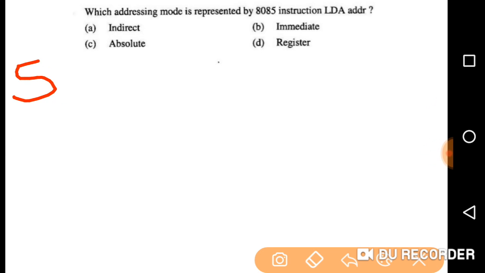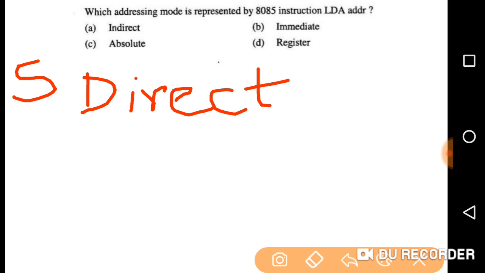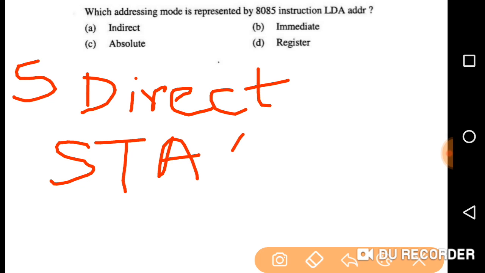First one is direct. Direct addressing mode. Let's see an example like STA 05H. What does it mean?